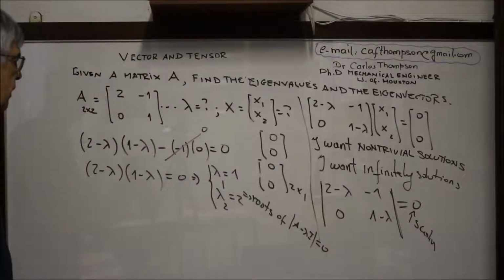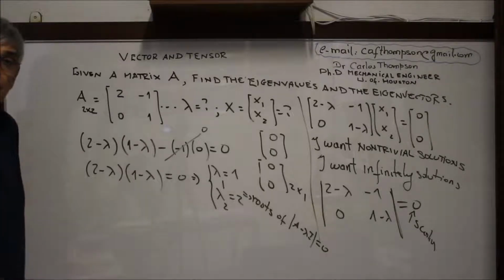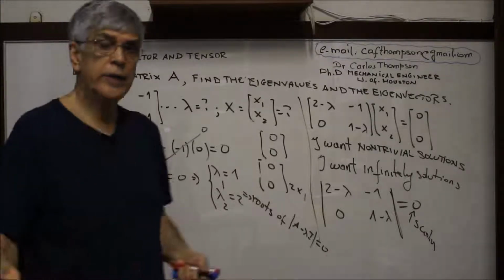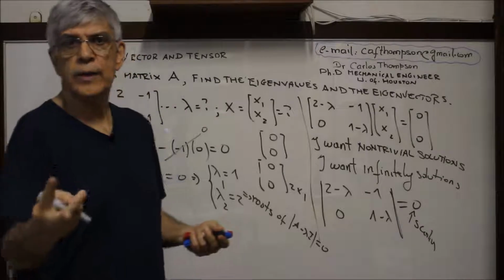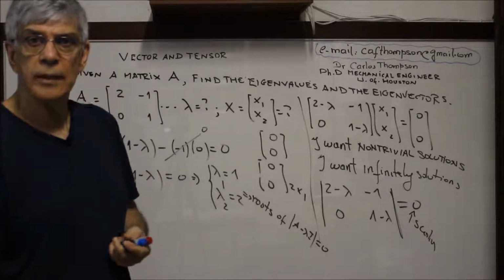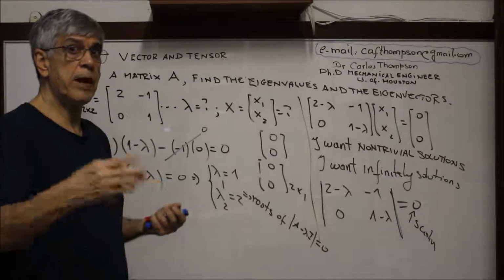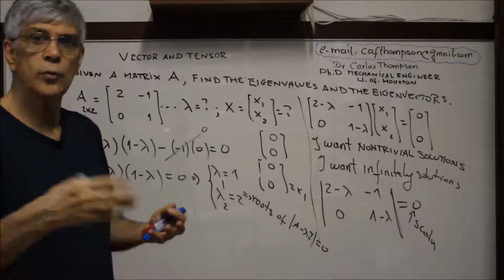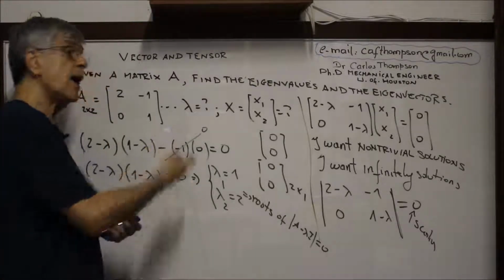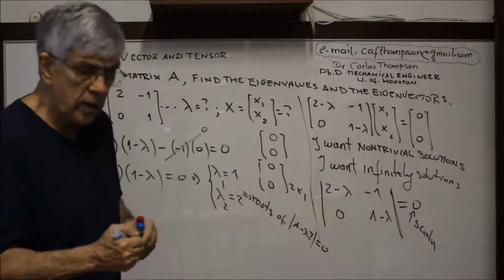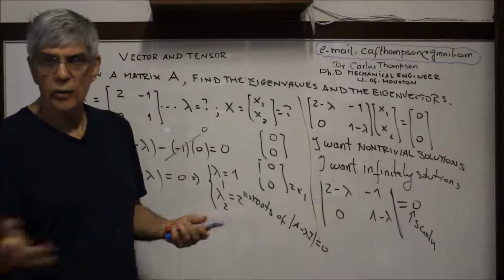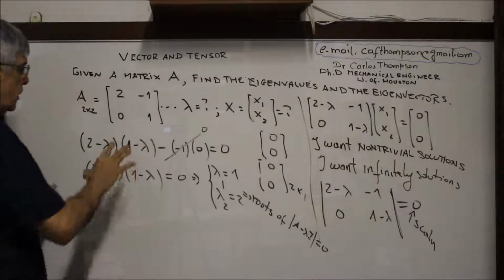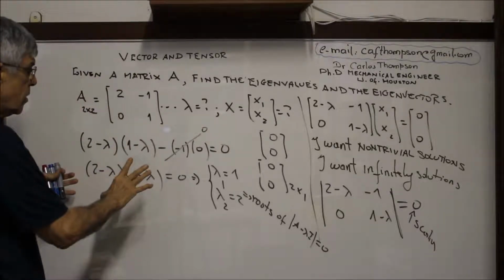Obviously, if I have a 3 by 3, I'll have 3 values for lambda. If I have n by n, I'll have n values for lambda. Sometimes the lambdas are not distinct. That's okay. Did you understand now?